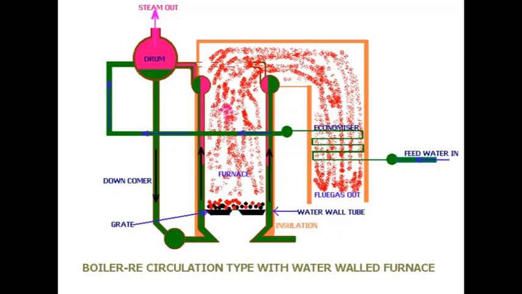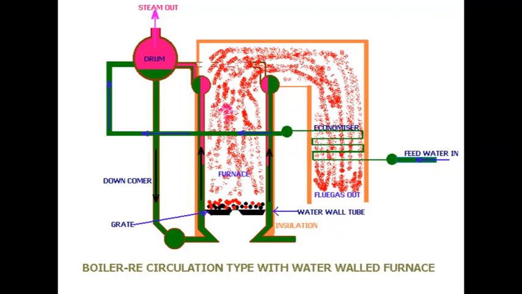Gradually, from the bi-drum we came up with the concept of the single drum or steam drum, and the economizer is placed in the convective pass and the water heated in the economizer is taken to the drum.